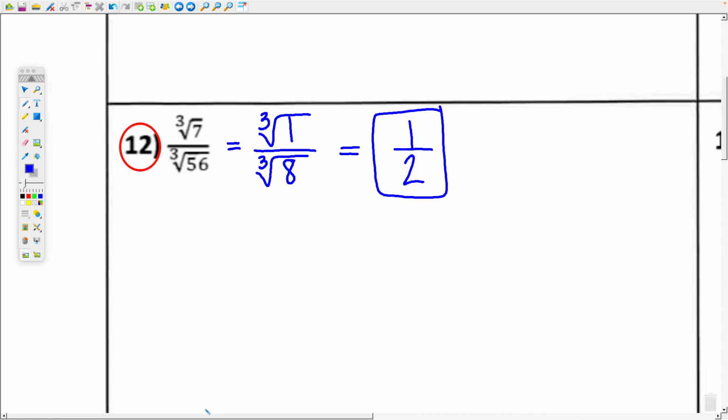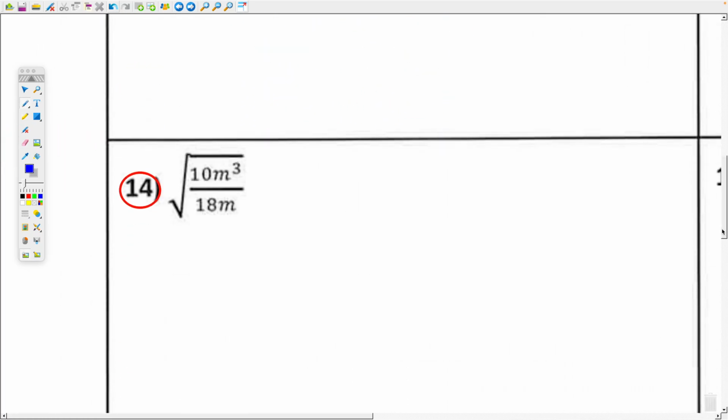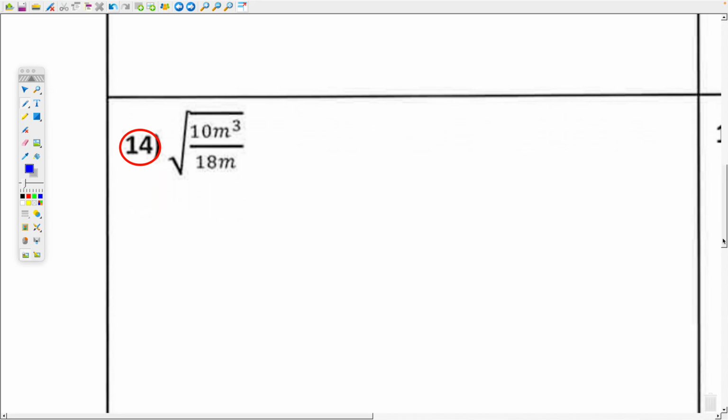What I got here, number 14. Can you see the same thing happening again with the 10 and the 18? What did I tell you you have to do? Reduce it. 10 over 18 becomes 5 over 9.